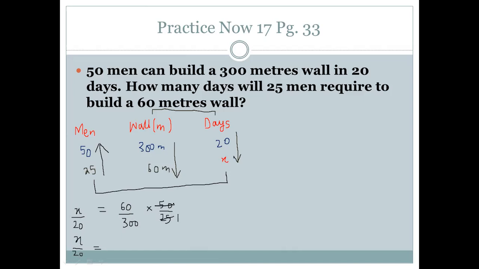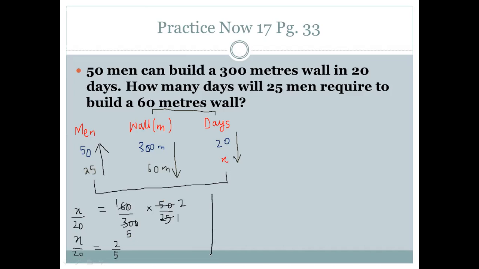25 ones are 25, 25 twos are 50. 0, 0 cancel out. 6 ones are 6, 6 fives are 30. So it's now 2 upon 5. All right.